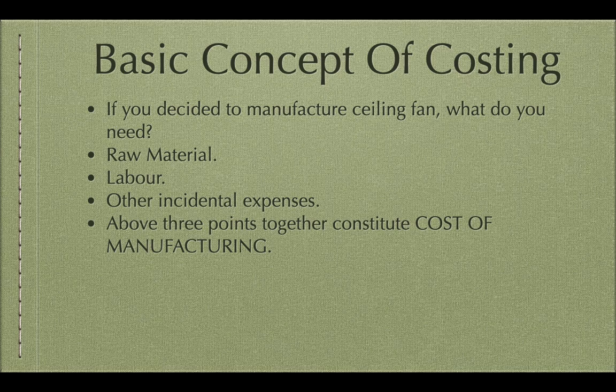So these three above components are the basics of costing. You can finalize the cost of your product with the above three components. As you can see in the slide, the cost of product equals raw material plus labor plus other expenses.